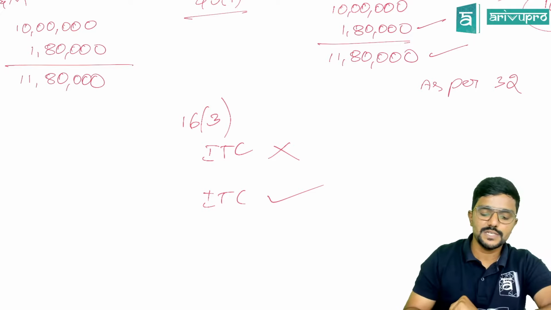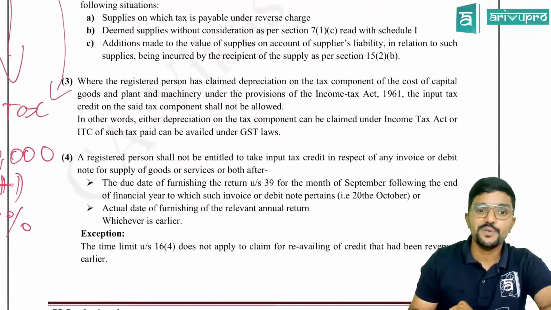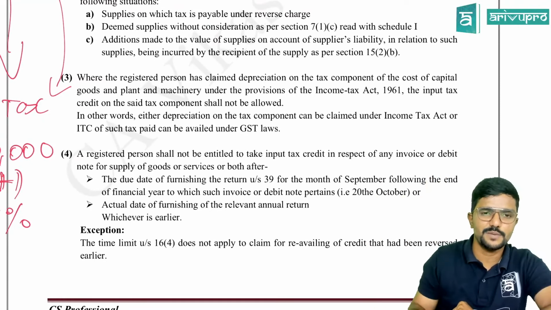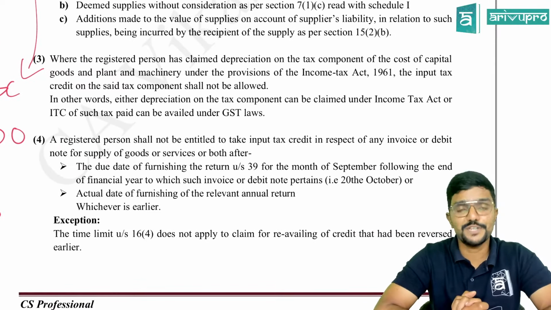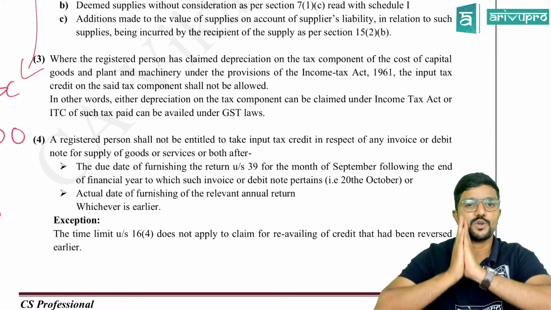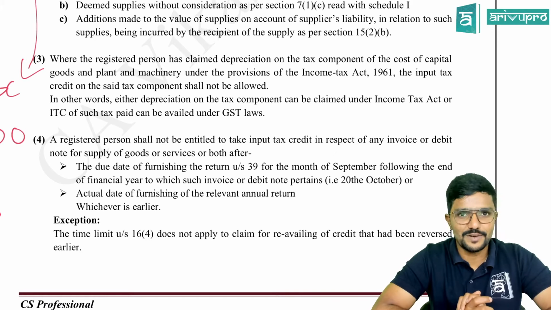Clear? So 16(3) is connected to income tax provisions. Hope you guys remember it, because you would have learned all this depreciation in executive, and my students also. I was the one who taught you taxation or tax laws at executive level.